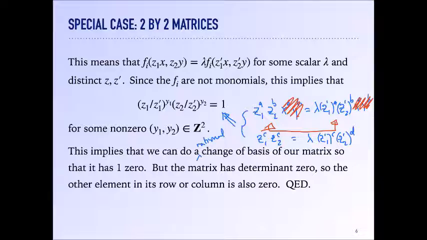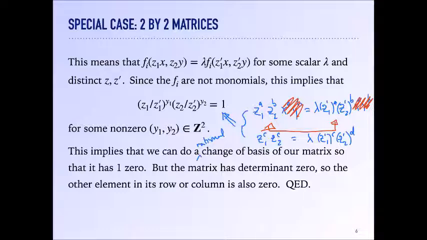And what this tells us, if you take the logarithm, you get a 0 here. And it tells you that if you do a rational change of basis, so that's why it's important these y1 and y2 are integers, you can get at least one 0 in your matrix.